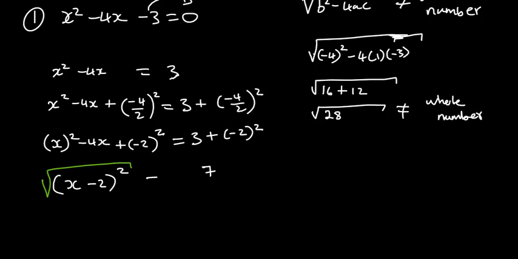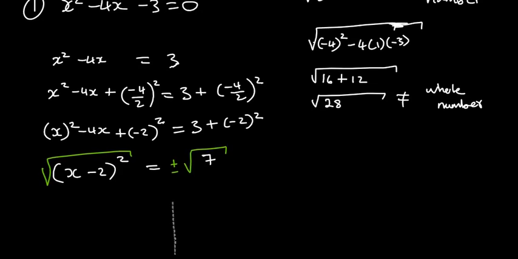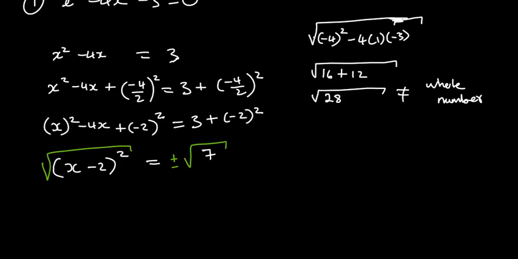So when you take a square root, on the other side you're going to do the same. It's going to be plus minus, take a square root. Then you are going to be left on the other side with x minus 2 equals plus minus root of 7.